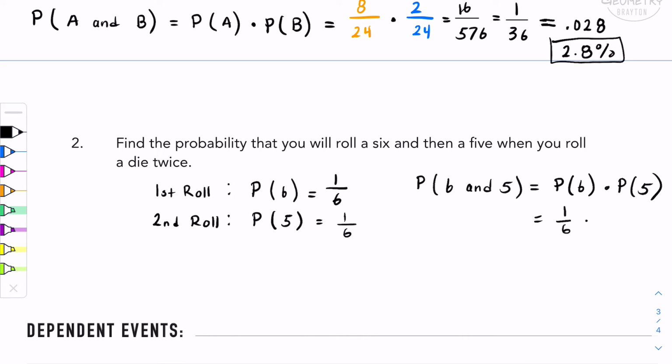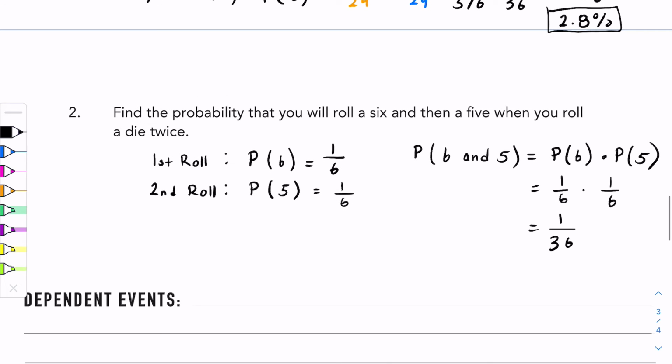Both our fractions are 1/6, so we multiply these together to give us 1 over 36, which ends up being the same as our last answer, approximately 0.028 or 2.8% chance of that happening.